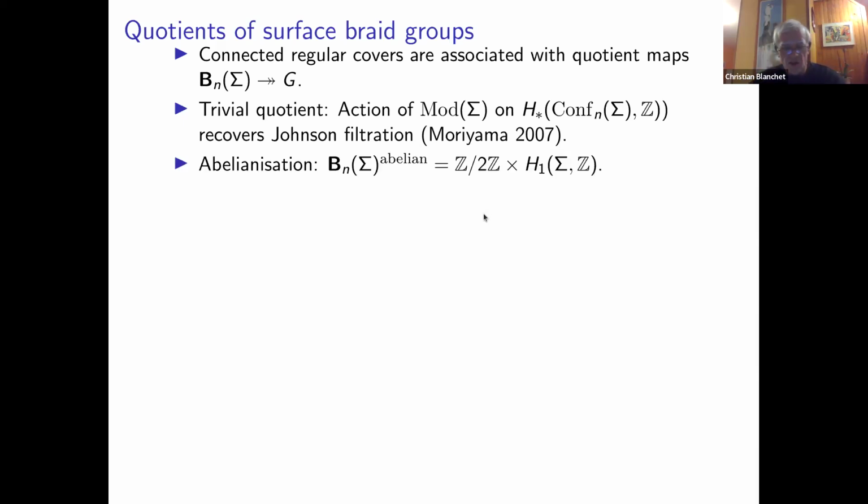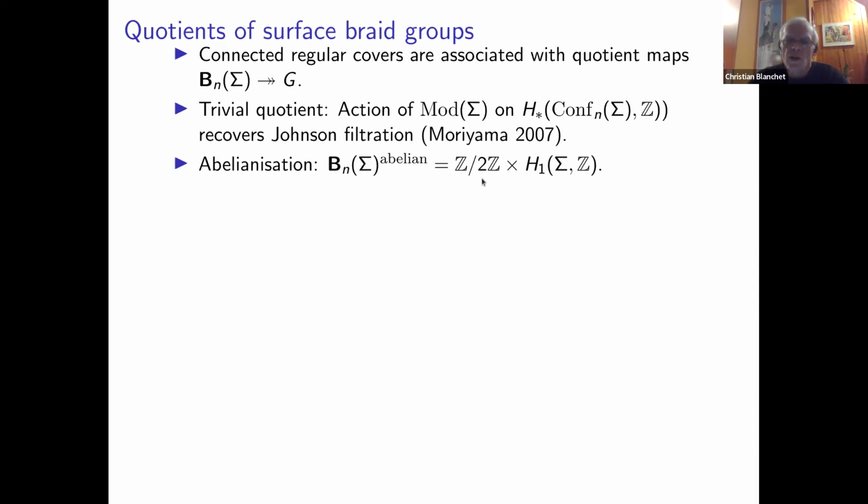I just want to mention that we could also abelianize, and probably many people tried, but this is not so good, for the reason that if you abelianize the surface braid group, you get the homology of the surface up to a Z2 factor.